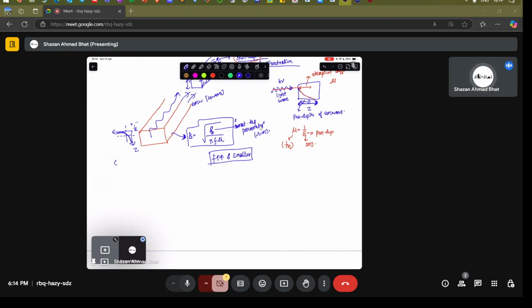For example, let's say this is frequency f1, this is frequency f2, and this is frequency f3. Then f3 is greater than f2, which is greater than f1. The more the frequency, the smaller the penetration depth.